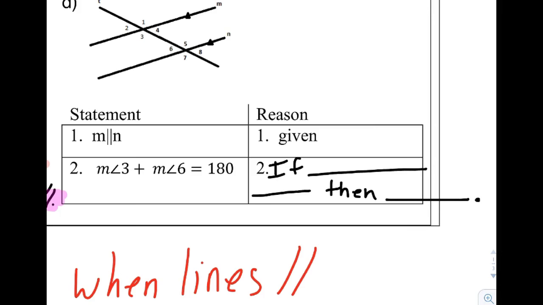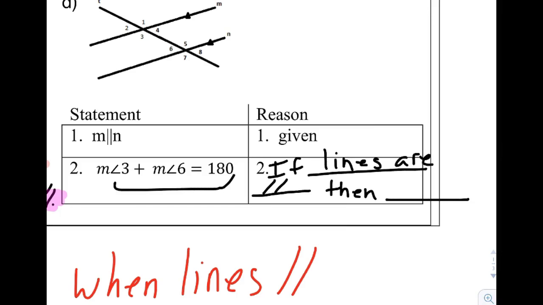So what do we see in statement 1? Well, it says that M is parallel to N. So it says that if lines are parallel, then, well, what is 3 and 6? 3 and 6, these are consecutive interior angles. In consecutive interior angles, notice that this is a very different statement than before.